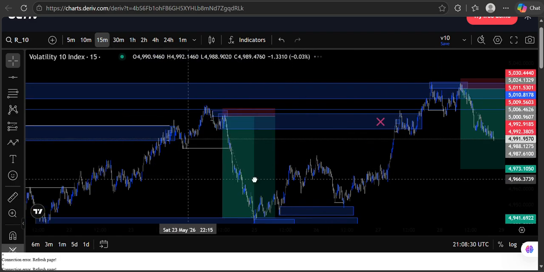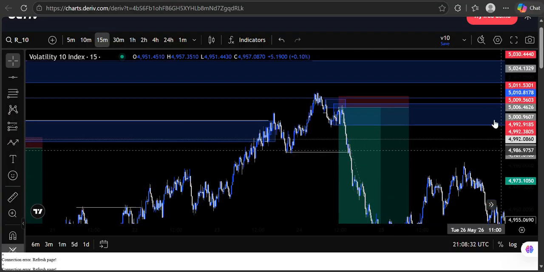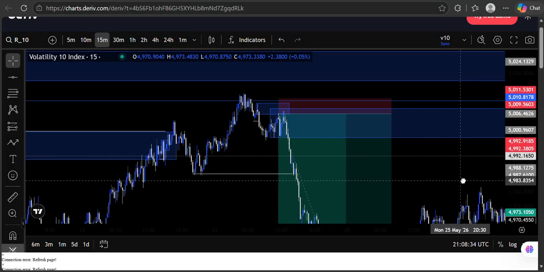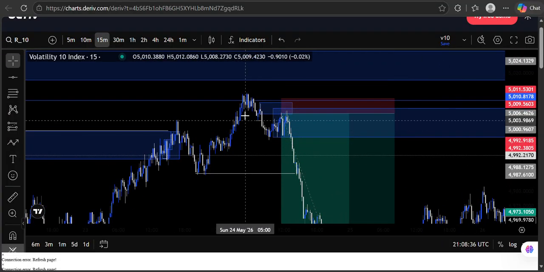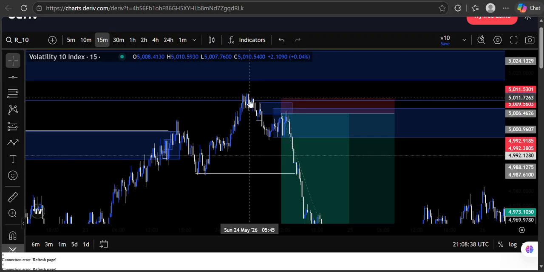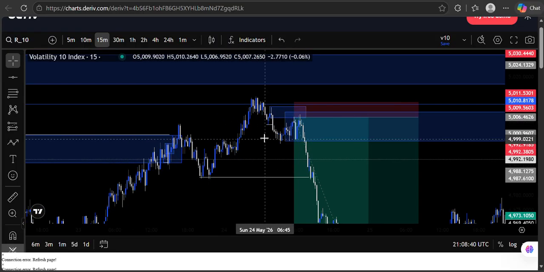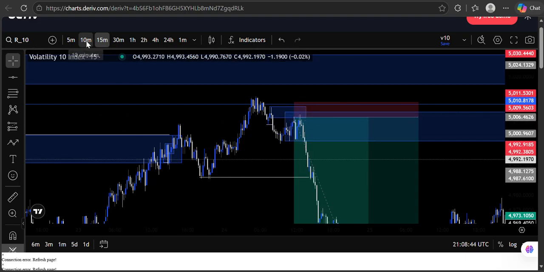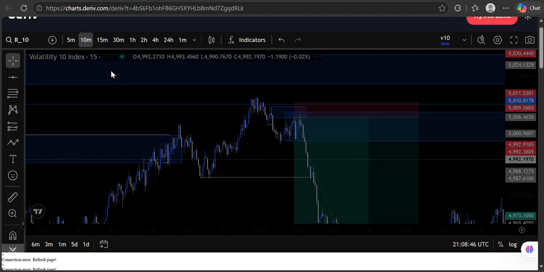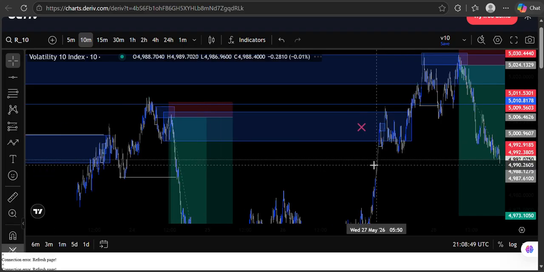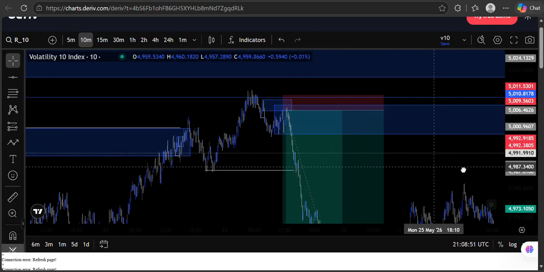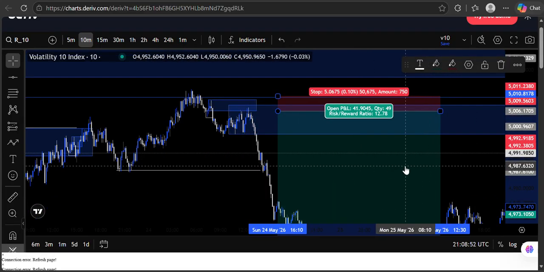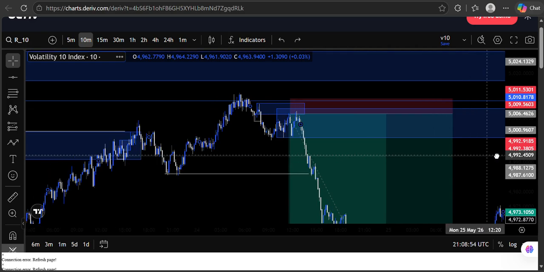Coming down to our 15-minute time frame, let's see what happened. The moment price came here, we saw this reaction. We'll see it clearly in the 10 minutes time frame. Coming down to our 10 minutes time frame, the reaction was so clear.